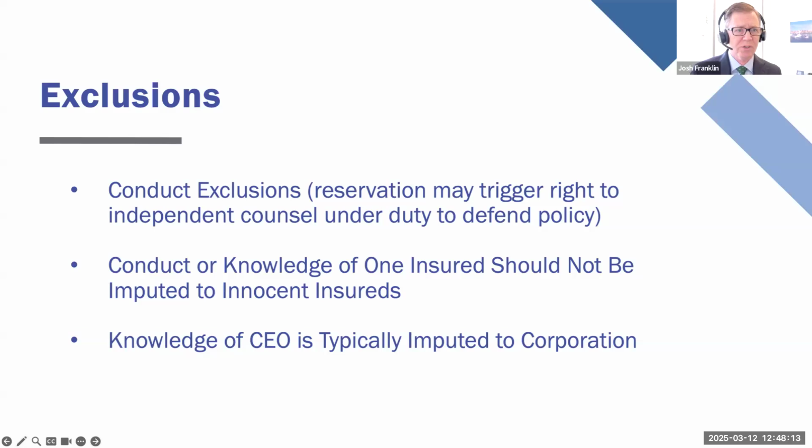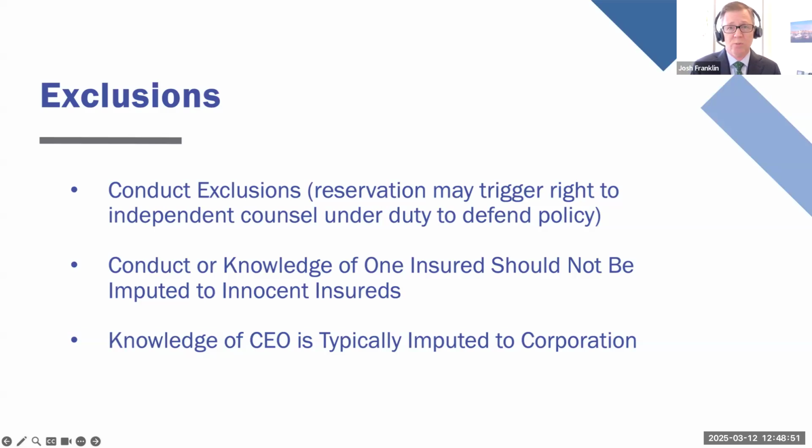The conduct of one insured: you want to make sure that your policy, in situations where the company and multiple officers or directors are sued, has what is referred to as a non-imputation provision. Let's give a hypothetical where there's one bad actor at the company who engaged in some intentional or fraudulent conduct, and a number of other folks who are sued because they were alleged to have been negligent in failing to supervise, or negligently retaining this individual, whatever the case may be.